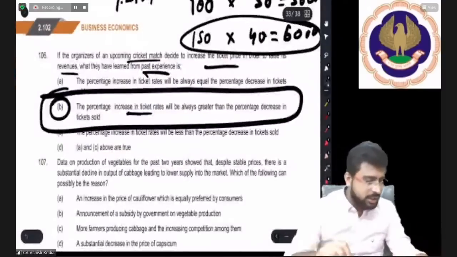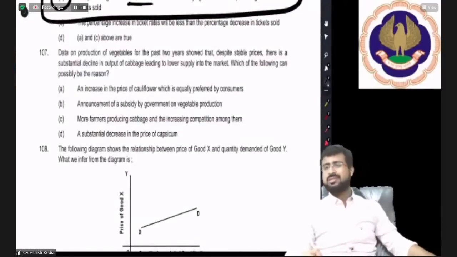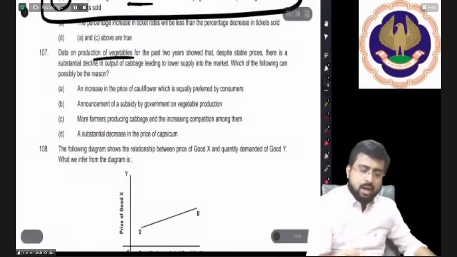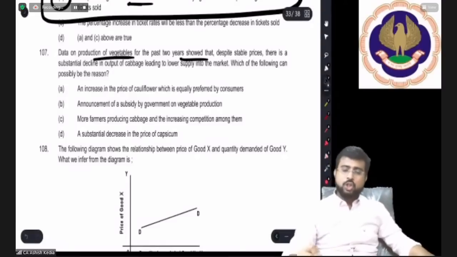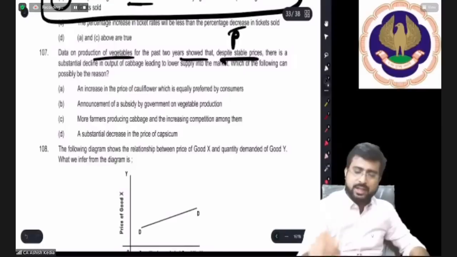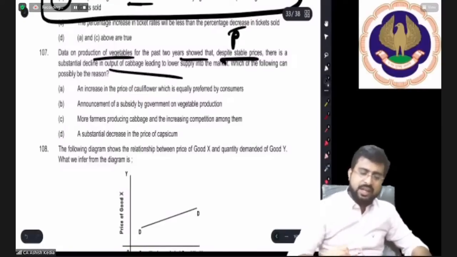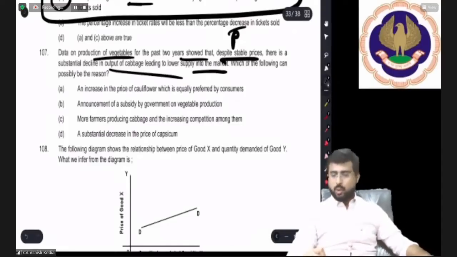Let's come to 107, everyone. Data on production of vegetables for the past 2 years showed that despite stable prices, that is price being constant, there is a substantial decline in the output of cabbage, leading to lower supply into the market.